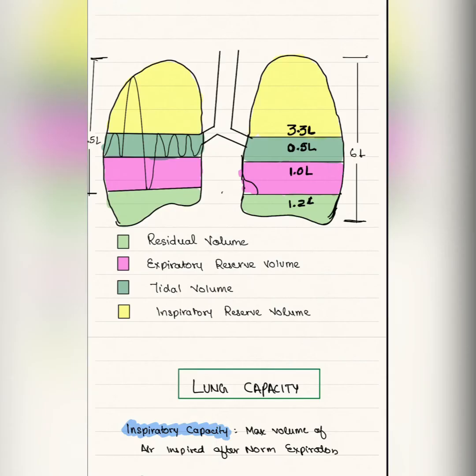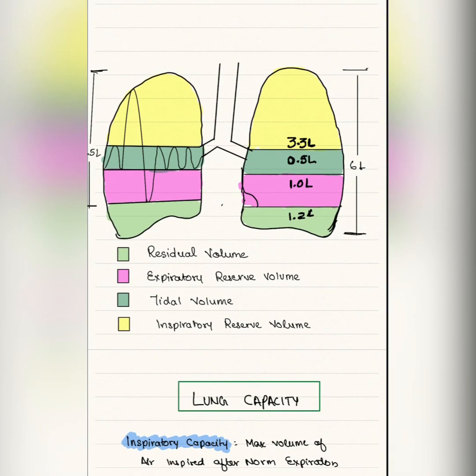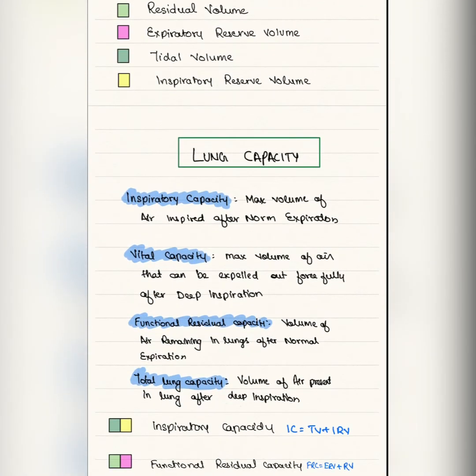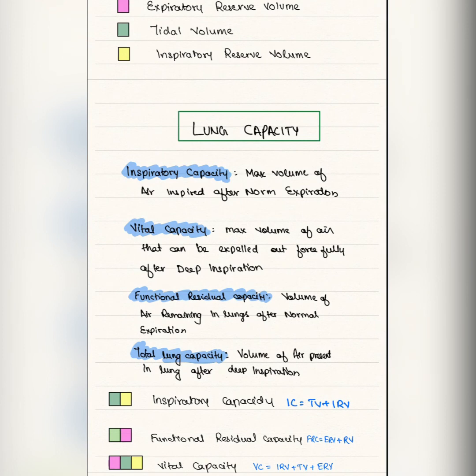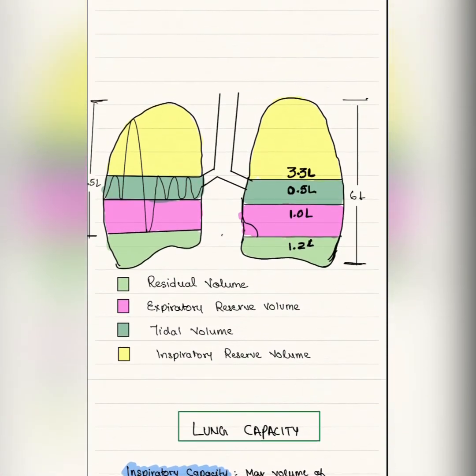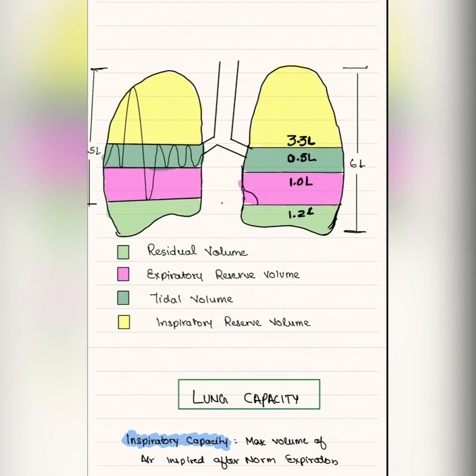Now let's continue with the lung capacities. As you can see, the first lung capacity we are discussing is inspiratory capacity. It is the maximum volume of air inspired after normal expiration. Means after a person normally expires, the amount of air exhaled is tidal volume, which is this one.